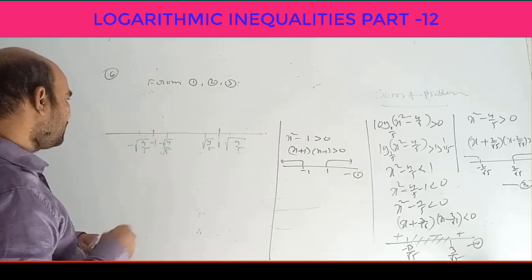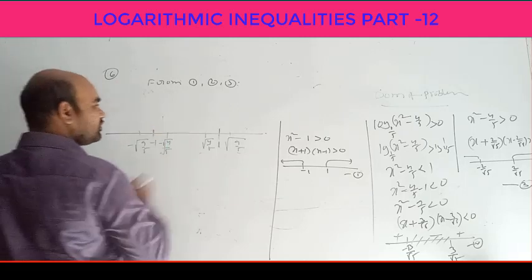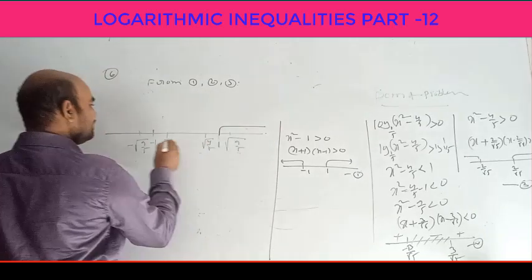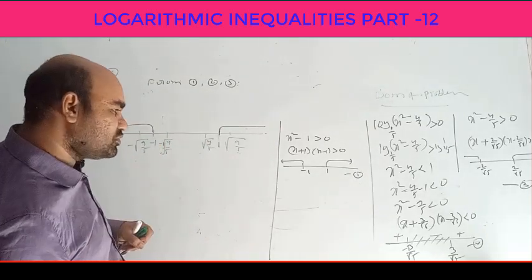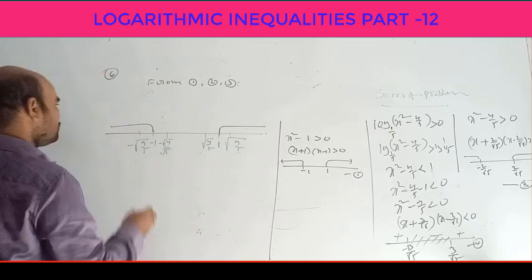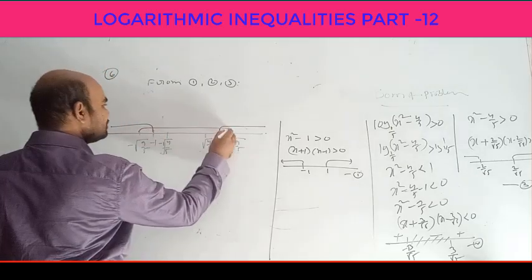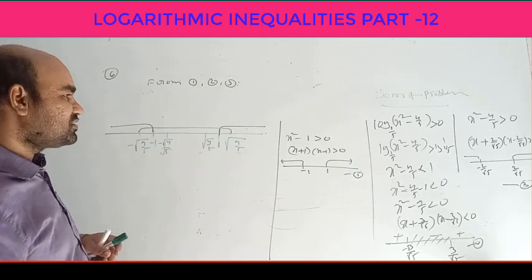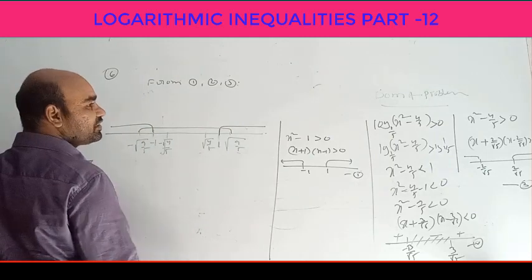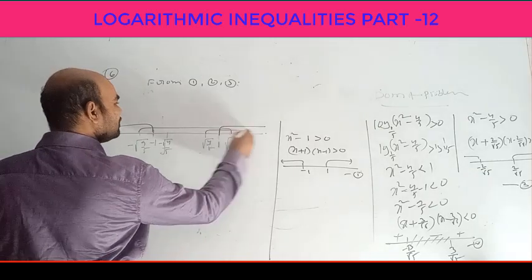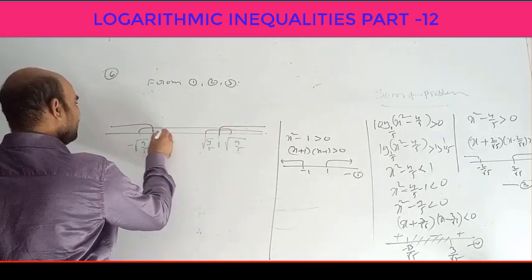Now we want to identify the solution. So the first part says that x should be greater than 1 and less than minus 1. Part 2 says that x should be between these two. Part 3 says minus 2 by root 5 and more, and less.